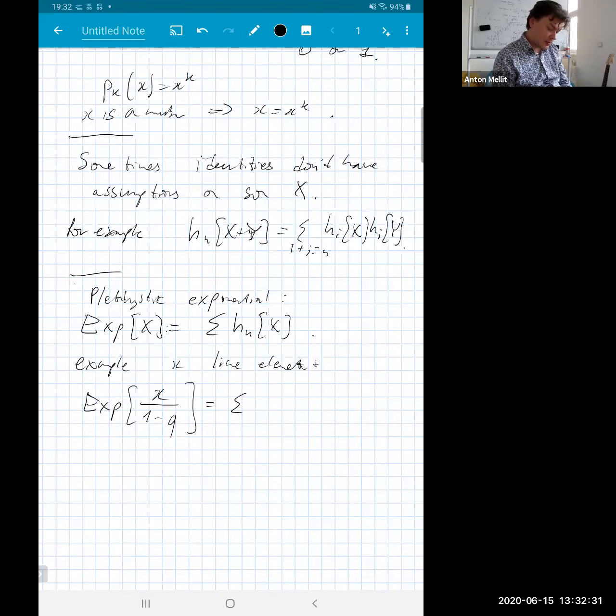On one side, by definition, you get x to the n over the product of 1 minus q to the n. I computed Hn from the previous formula for u equals 0. On the other hand, I can compute it as the exponential of x plus qx plus, I don't know, q squared x, and then this is an infinite product.